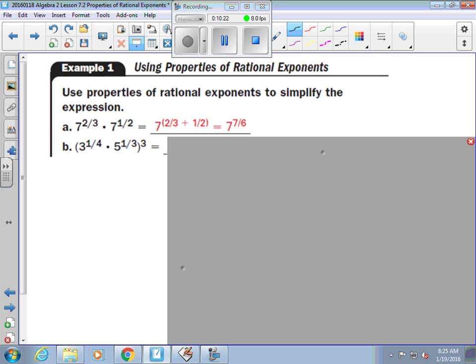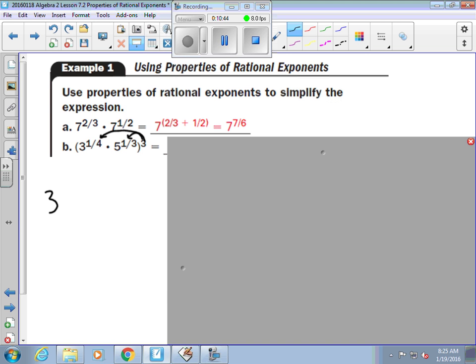The second example for number 1 is 3 to the 1/4 times 5 to the 1/3 cubed. Remember, now we're raising powers to powers. We're not multiplying the same bases. One of them is 3, the other's 5. So both of these terms are going to get multiplied by 3.